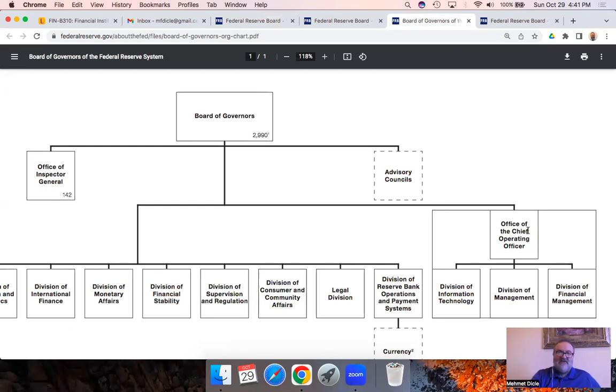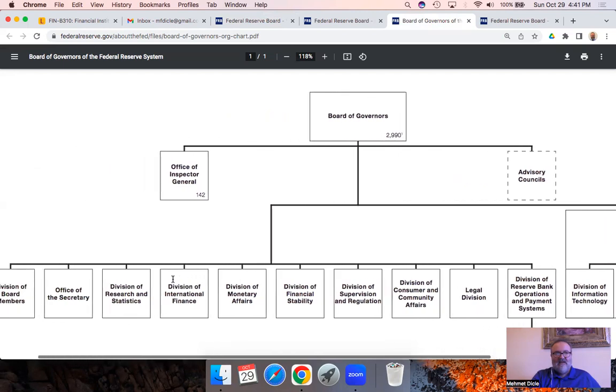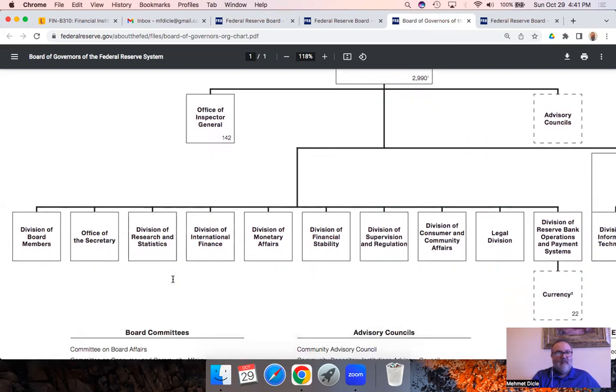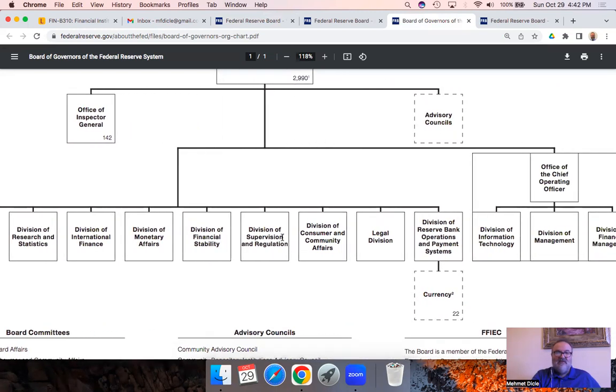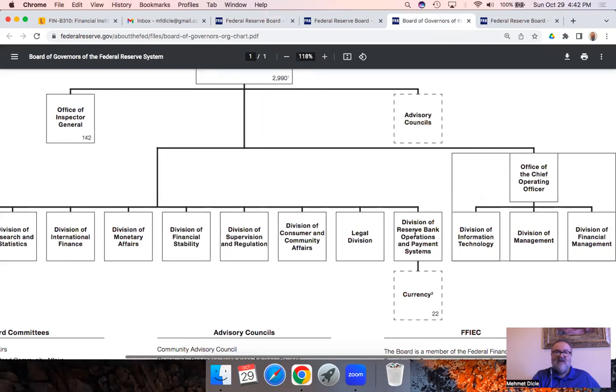So now you have a chief operating officer for the board, Division of Information Technology for the board. And then you have all of these sub boards or subdivisions, if you will, and division of board members, Office of the Secretary, Division of Research and Statistics, Division of International Finance, monetary affairs, financial stability, supervision and regulation, consumer and community affairs, legal division, and then division of Reserve Bank operations and payment system.